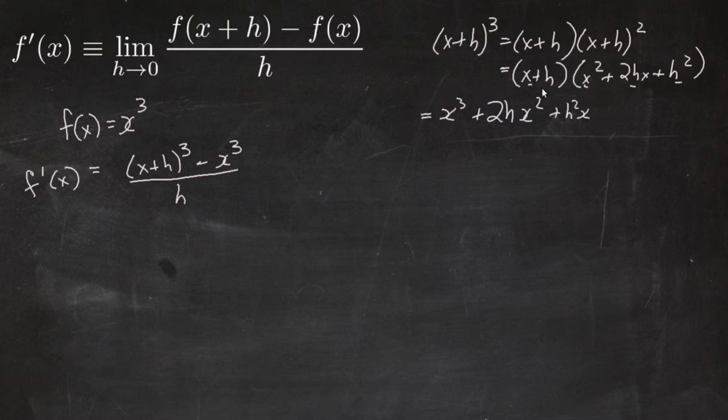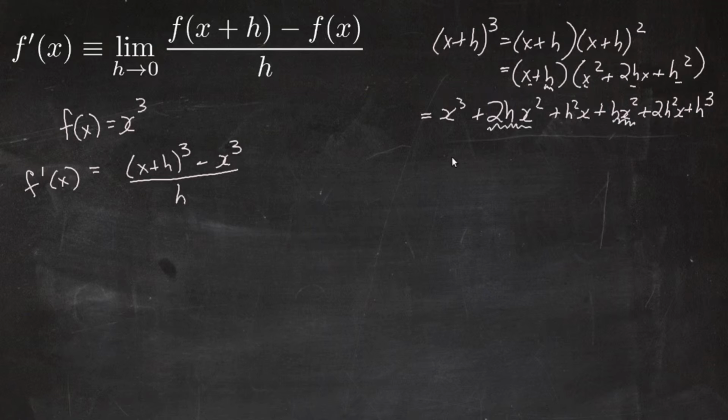And now I'm going to multiply the h times each of these three terms, so that gives me an hx squared, plus h times 2hx, so that's plus 2h squared x, and then finally h times h squared is an h cubed. So I notice in this term I have one h and an x squared, and here I have an h and an x squared.